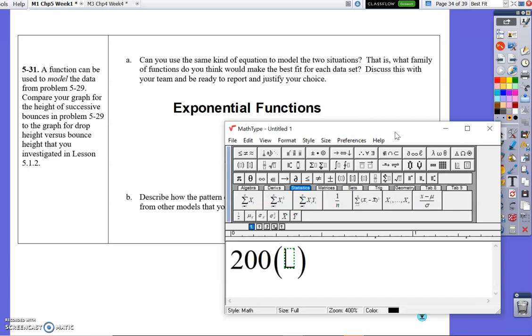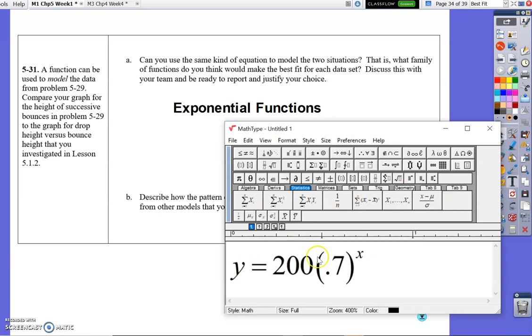So our starting value, just like with other things where we have a starting number, our rebound height, 0.7, goes inside the parentheses because that's the number we're using over and over again. Remember, it's called an exponential function. So we have our starting value, our multiplier, our rebound ratio, and then an exponent because we use the rebound ratio over and over and over again.